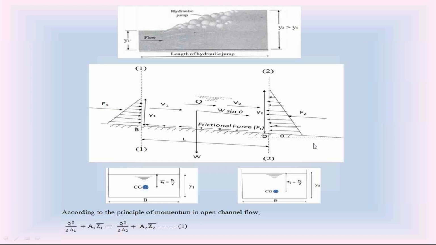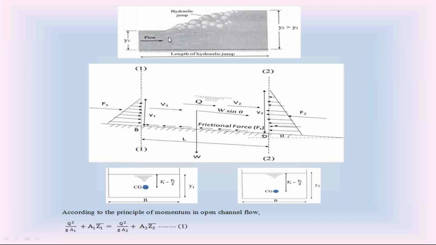This is the hydrostatic pressure distribution at section 2. F2 is the hydrostatic force at section 2. Q is the discharge of flow from section 1 to section 2. The weight of water is W. Resolve that weight into a component in the direction of flow. That component is W sin theta. And at the channel bottom, we have the friction force.